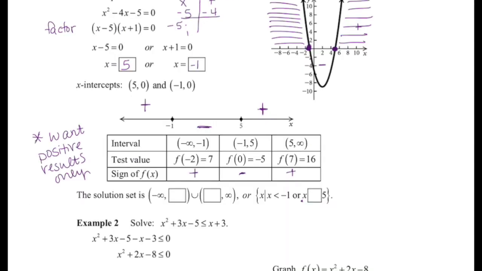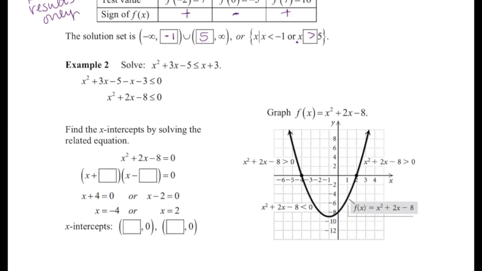We then can say that our solution set is from -infinity to -1, union, skipping over this middle portion because it's negative, from 5 to infinity, or x such that x has to be less than -1 or x has to be greater than 5.